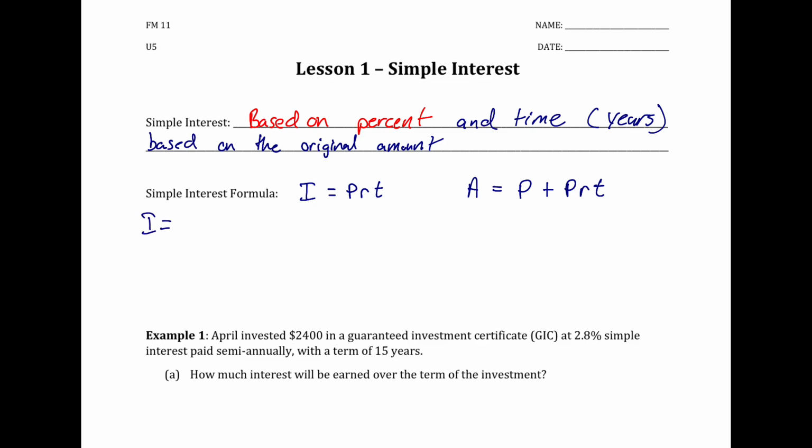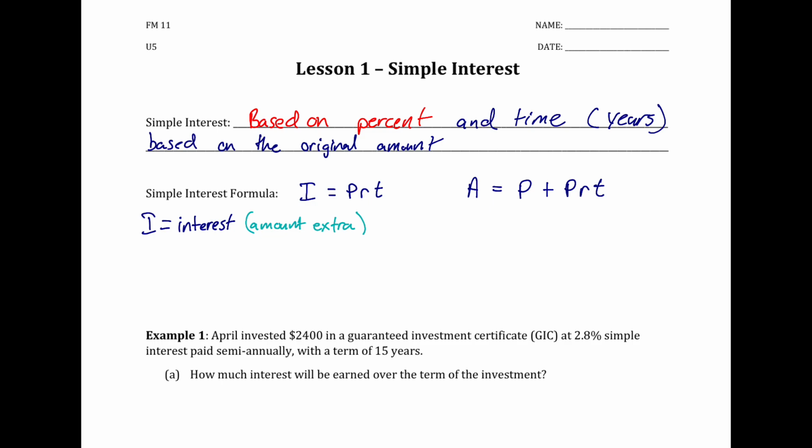So, interest. Now, interest is a crazy thing that you have to be careful with. Interest is the amount extra. So that's the gain of the investment. So the I term when we're doing the math on this is the amount that the investment grew.